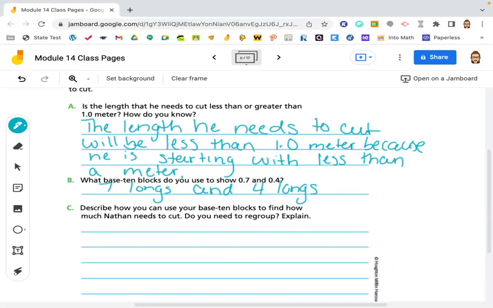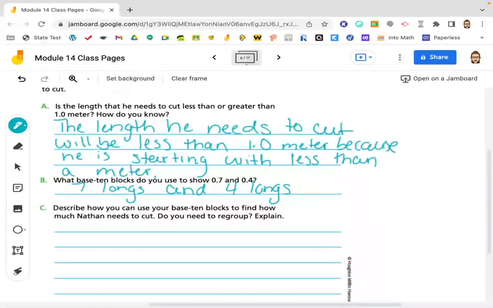Do you need to regroup? Well, we are going to start with 7 longs. And then we're going to take away 4 of them. So that leaves me with this.